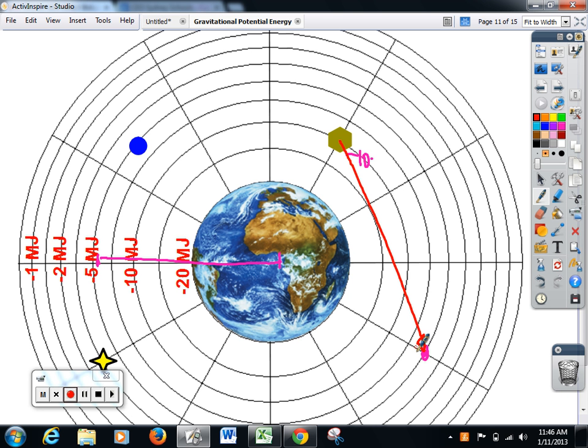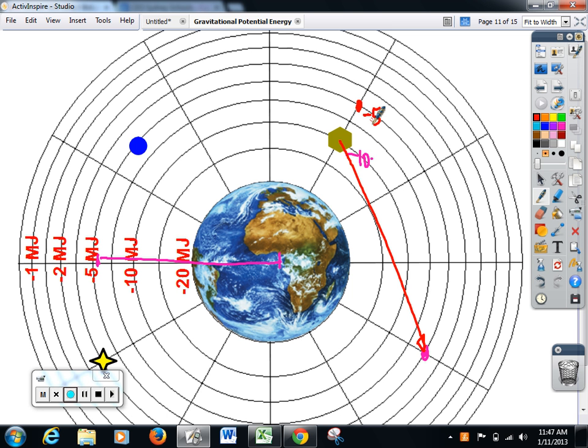If I move it from here to here, that's minus 10, this would be minus 5. So how much energy is needed? 5. Okay? Now, how do I calculate that?